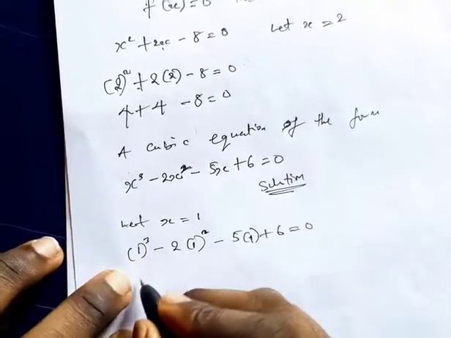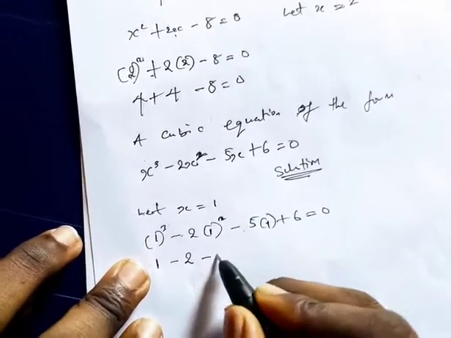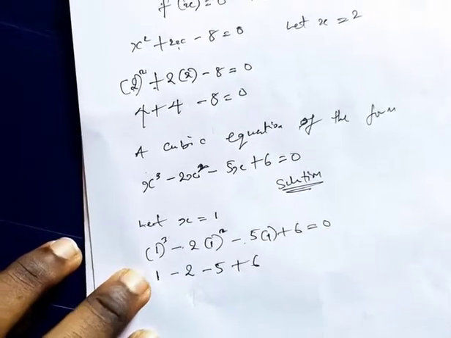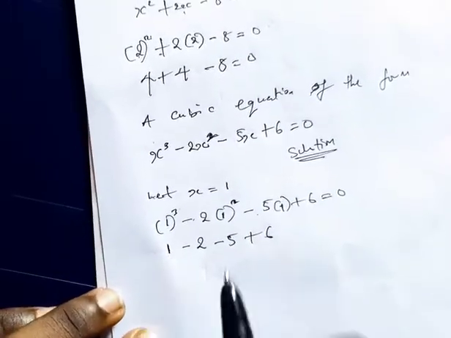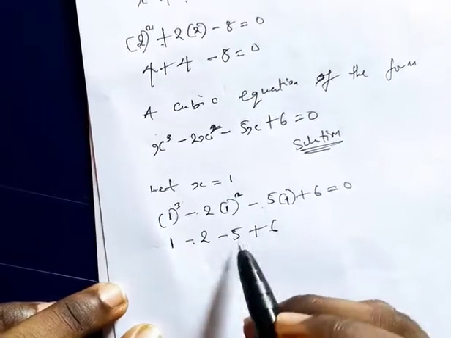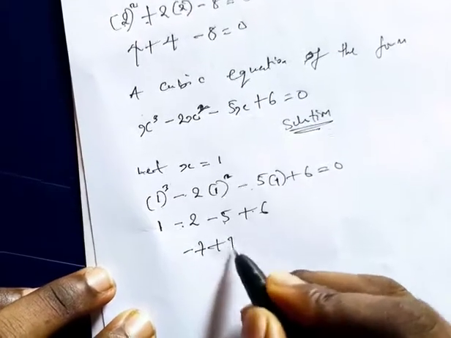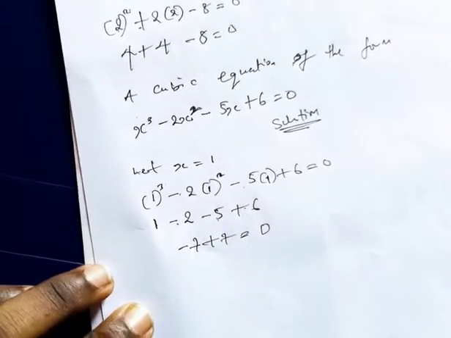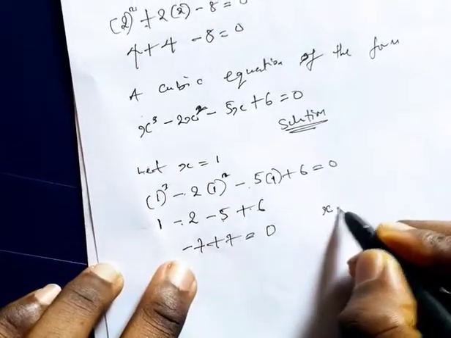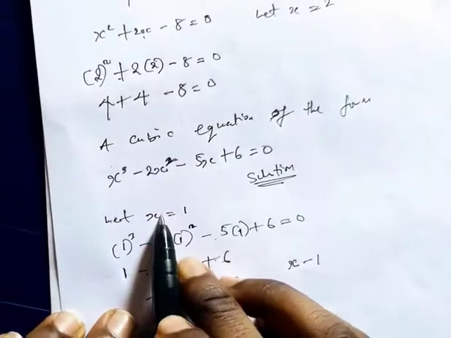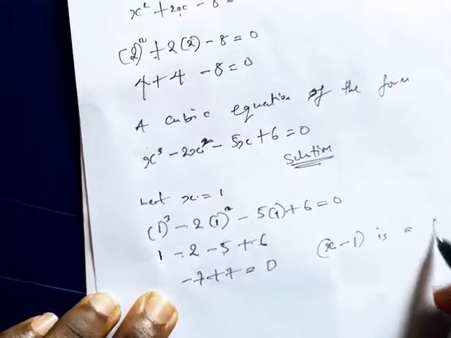So this gives me 1, and this gives me negative 2, negative 5, plus 6. We can see that negative 2 negative 5 gives us negative 7, and 1 plus 6 gives us positive 7. This is actually equal to 0. So therefore we can say that x minus 1 is a factor of the above equation.